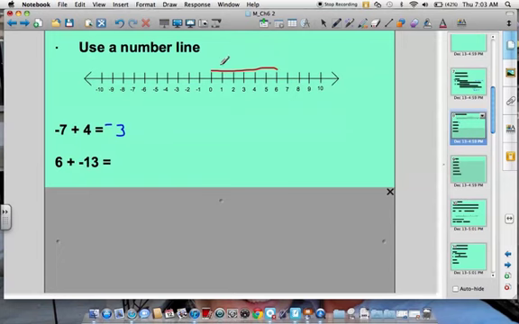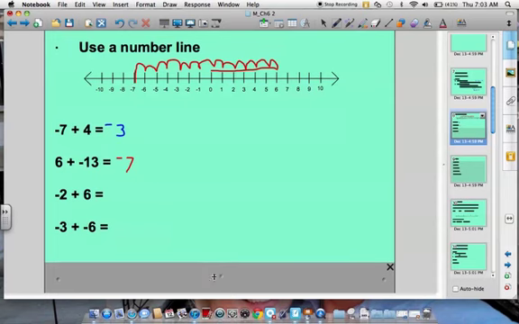So that would be going to the left. So I start at 6 where I ended and I go 13 times. 1, 2, 3, 4, 5, 6, 7, 8, 9, 10, 11, 12, 13 times. I ended up right here at -7. So that is my answer.